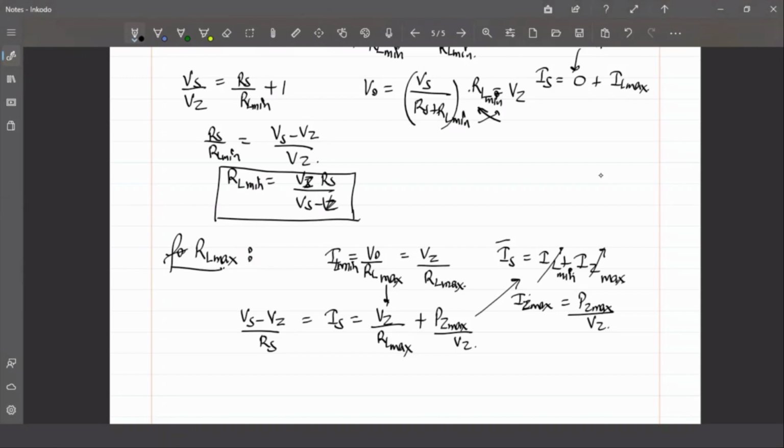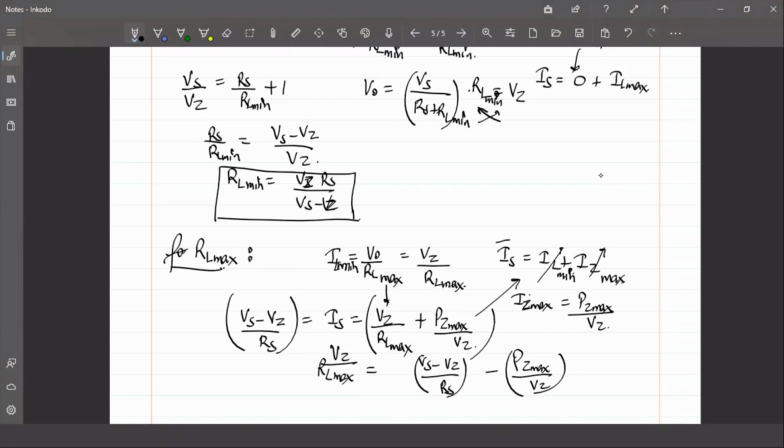So RL maximum, if we substitute from here, we'll get RL max, because this is the left hand side and this is the right hand side. So if we want to find this out, Vz divided by RL max is equal to Vs minus Vz divided by Rs, this is the left hand side, minus Pz max divided by Vz.